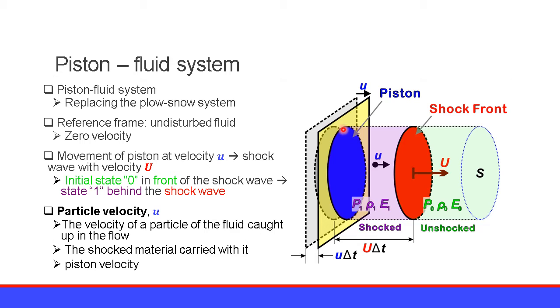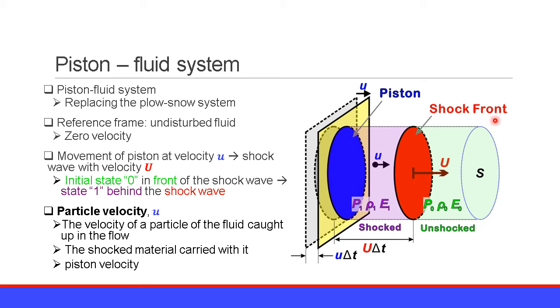This yellow plate, the piston, moves at the velocity of small u, the fluid is stored in the cylinder, and this red circle shows the shock front.